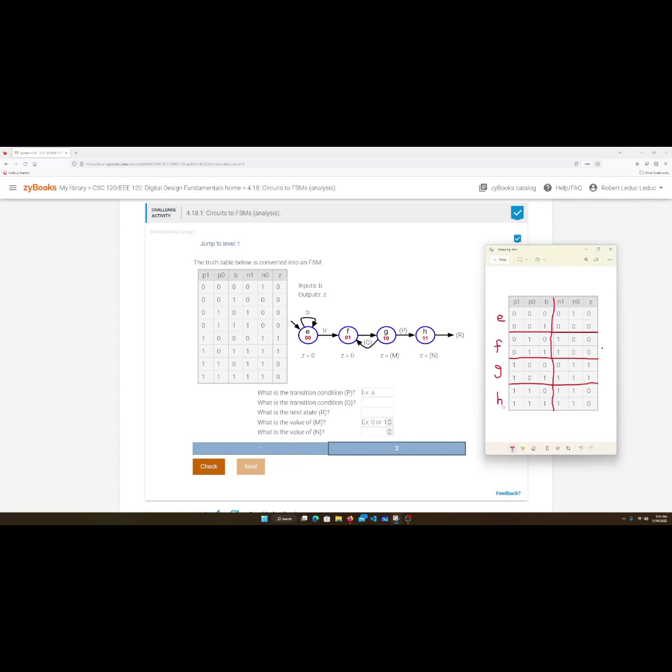All right, so now that we're a little bit more organized on the truth table, it's asking us, what is the transition condition P?